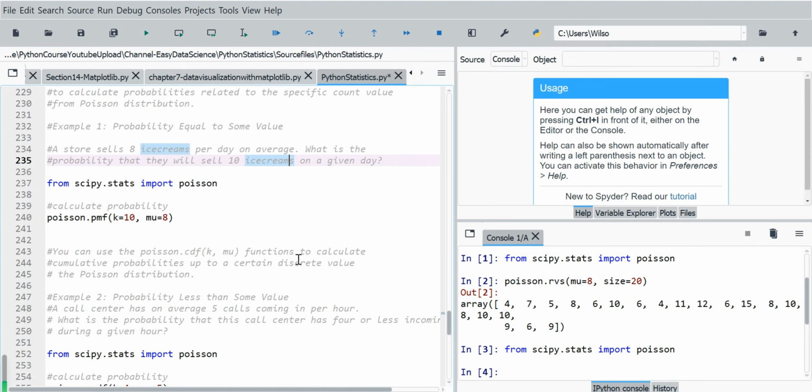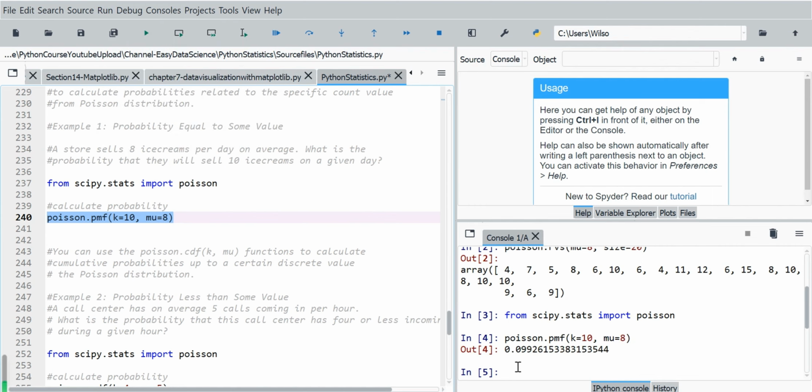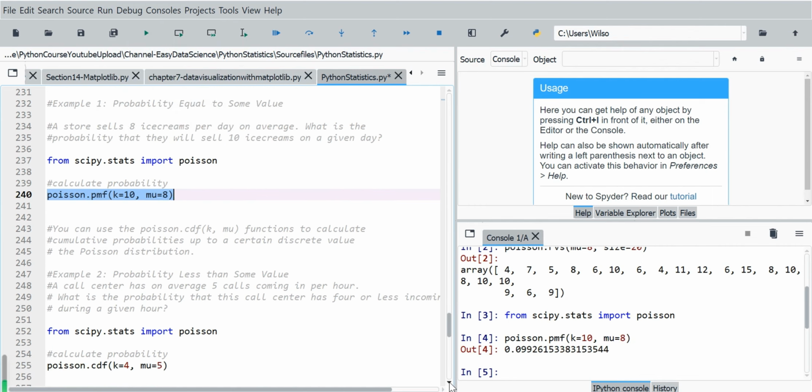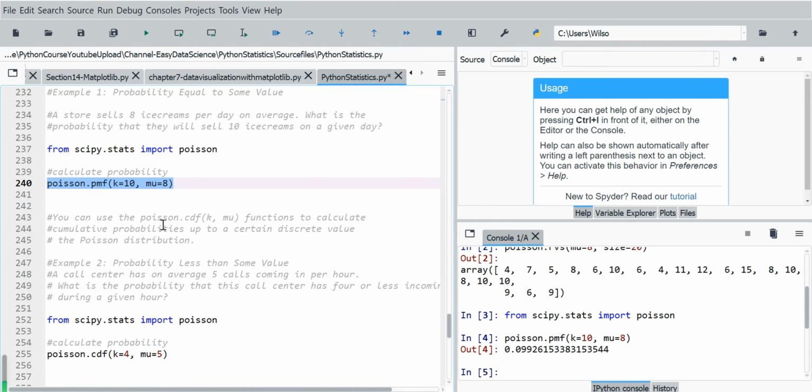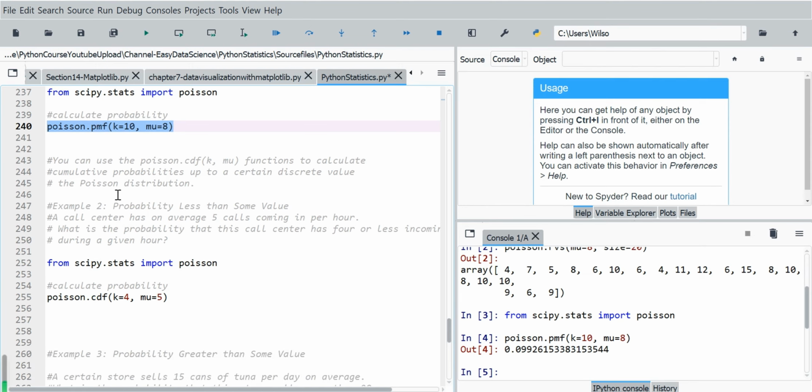We want to know the probability associated with a particular count number, here 10, and we know the average mu, or lambda t, is 8 in this time period. So we just use poisson.pmf with k equals 10 and mu equals 8. Very easy. This is about 0.1, so only 10% of the time you get exactly 10 occurrences in a given day.